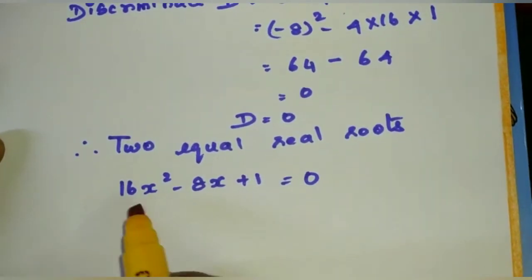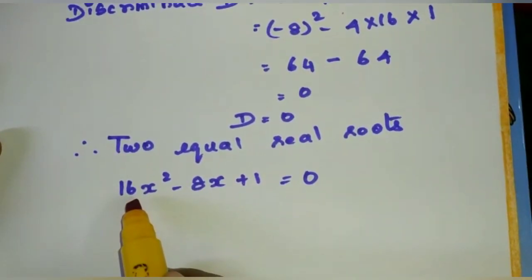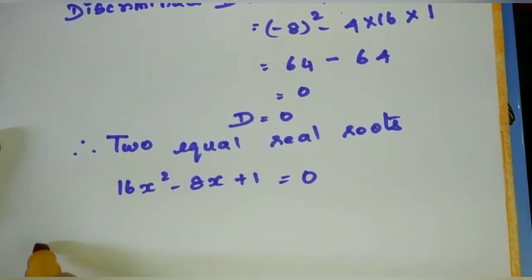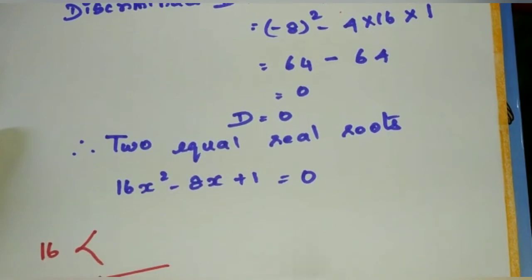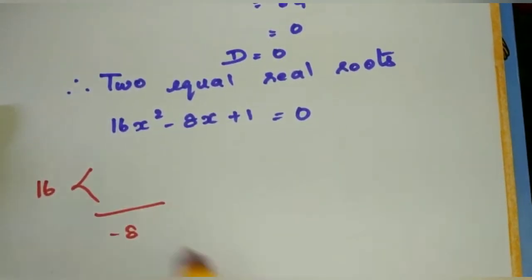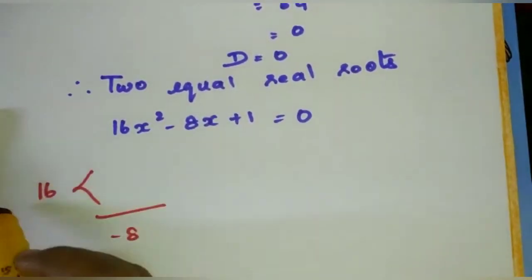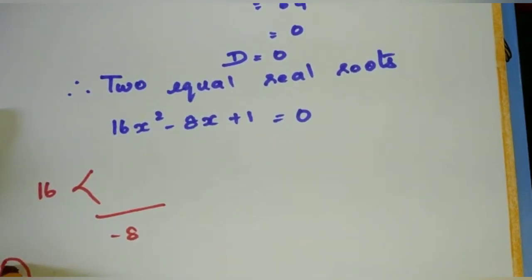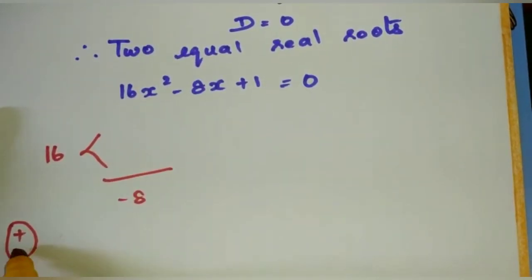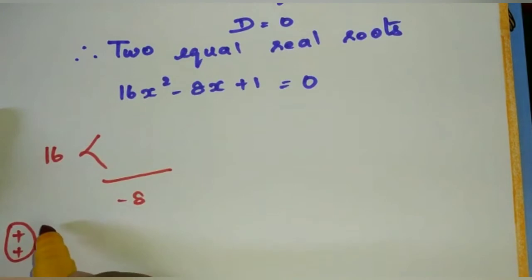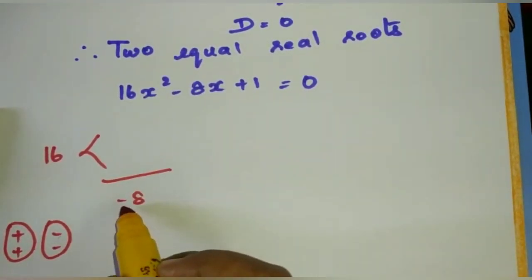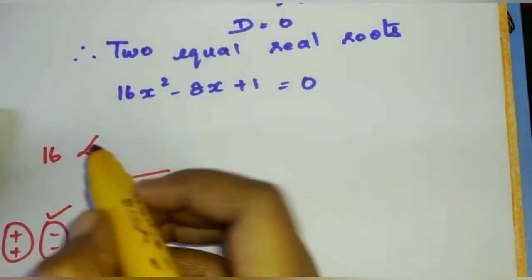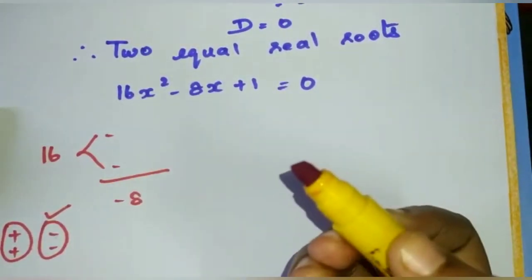Now you have to find the factors. 16 into 1 is 16, and minus 8 and minus 8. Then you have positive here, so you have two options. One must be positive and positive, and one must be negative and negative. If you have a negative sign, you have to choose minus, minus.